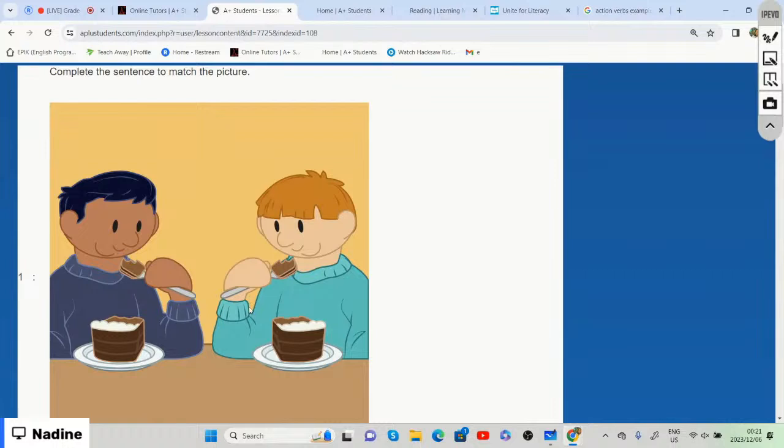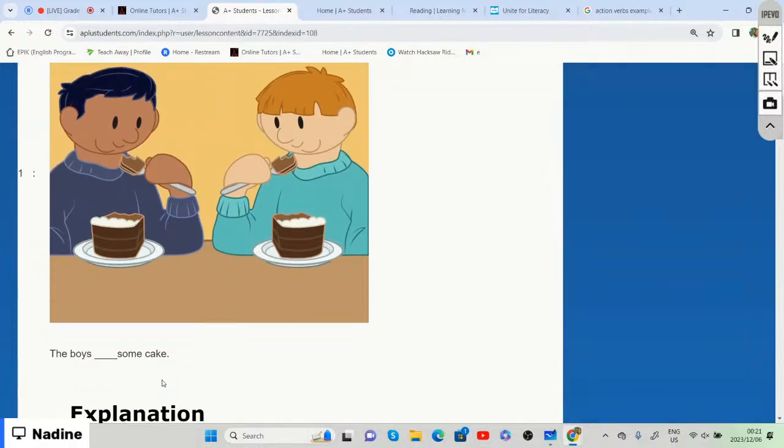All right, if you look at the picture, what do you think these two boys are doing? What is the action that these two boys are doing? Yes, and if we go down, it says the boys some cake.